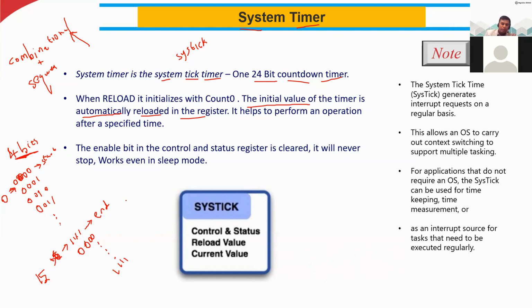And we also have the down counter. Down counter means the initial value will be 1, 1, 1, 1. This is 15. Then it will reduce bit by bit, and finally it will reach 0, 0, 0, 0. This is called a down counter, counting down, right? 15, 14, 13.